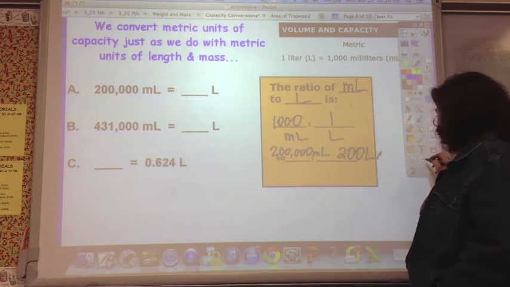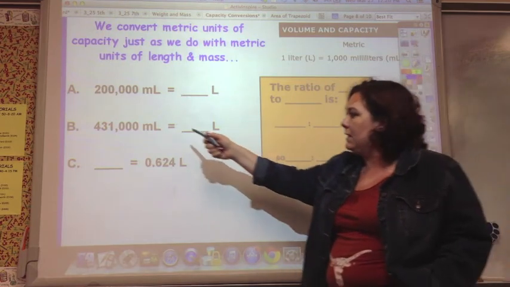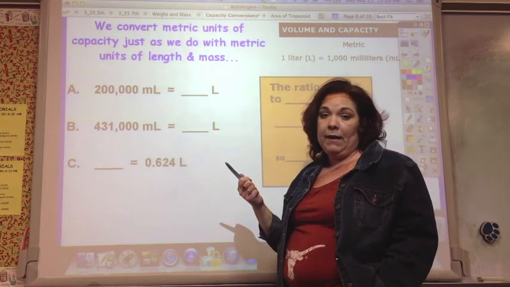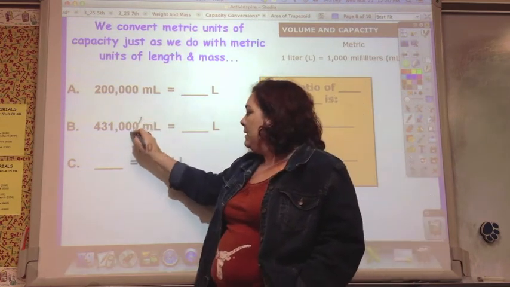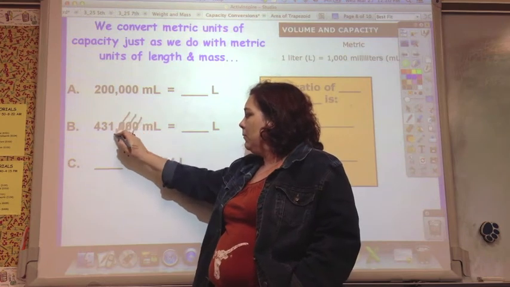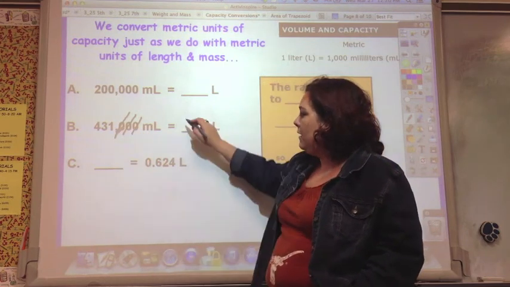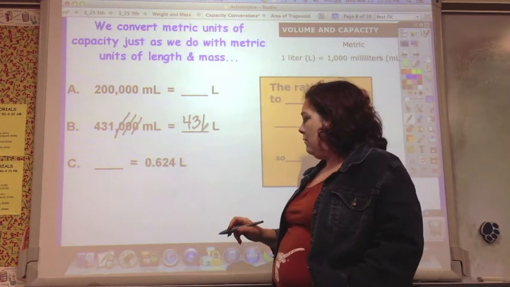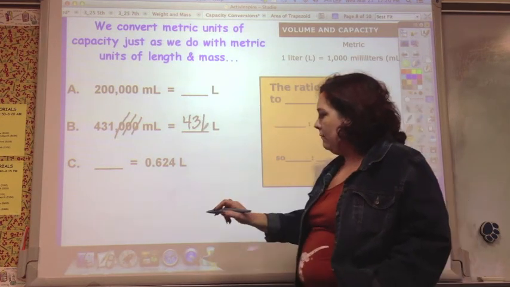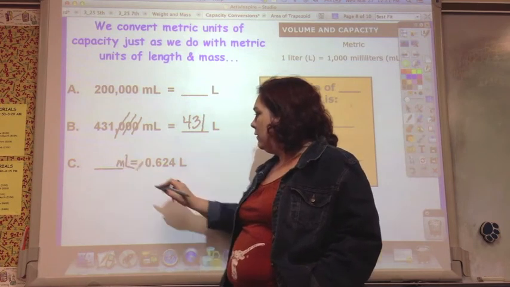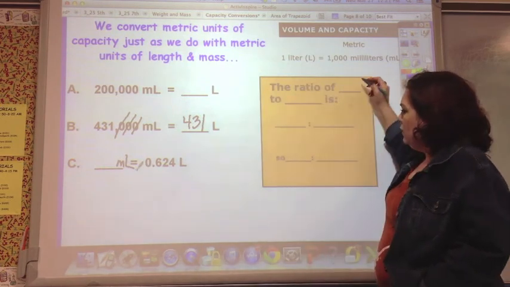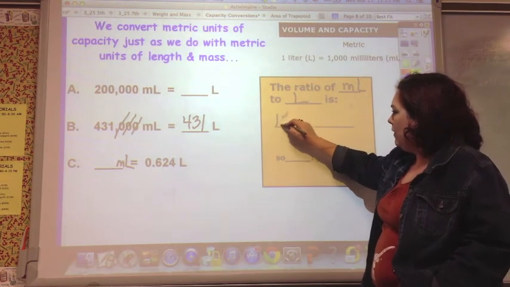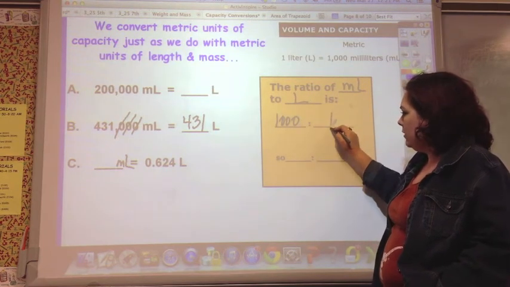And this, I don't even have to set up because it's the same thing, but it's, what did we say, divide by 1,000. So divide by 1,000 would be to move your decimal point 3 places to the left, and that would be 431. And then if we're going from liters to milliliters, so we've got milliliters to liters, and there's 1,000 milliliters to 1 liter.